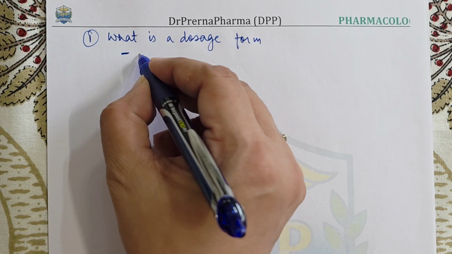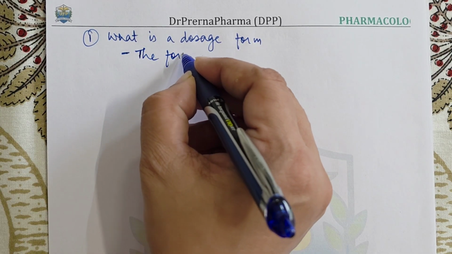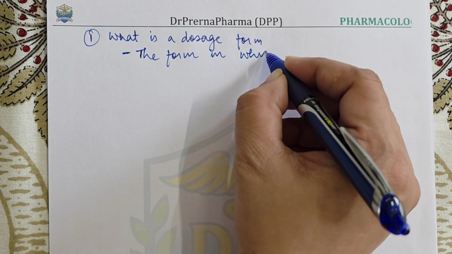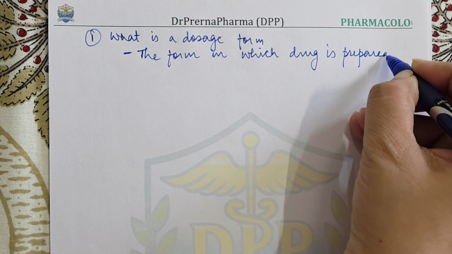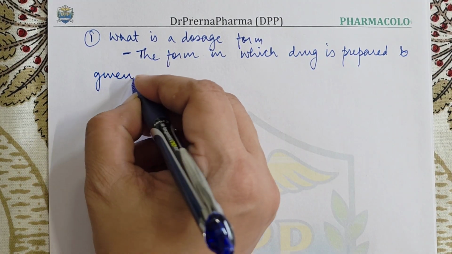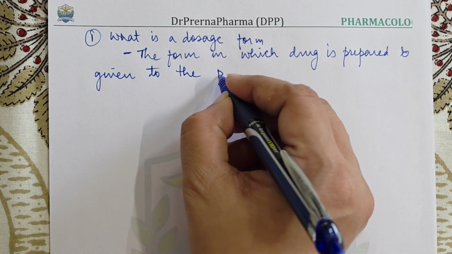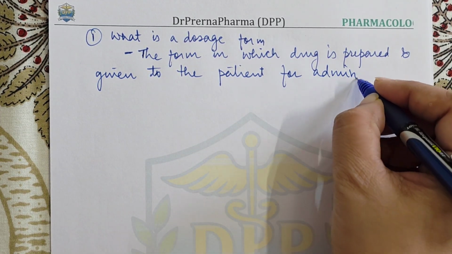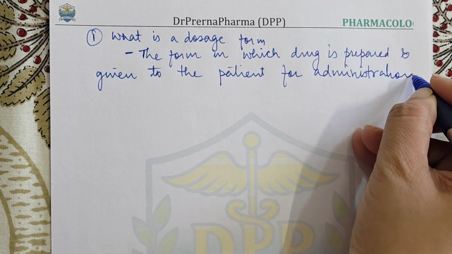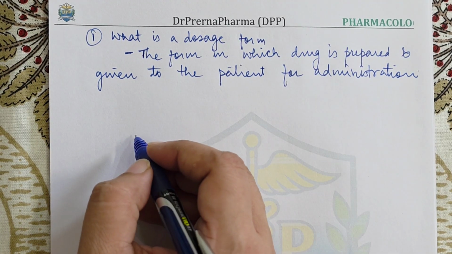Now a dosage form is basically the form in which the drug is prepared and given to the patient for administration, right? So a dosage form necessarily is basically the form in which the drug is delivered to the patient.